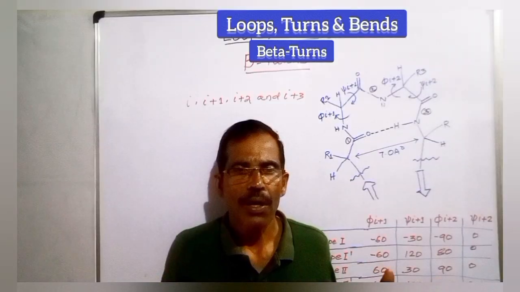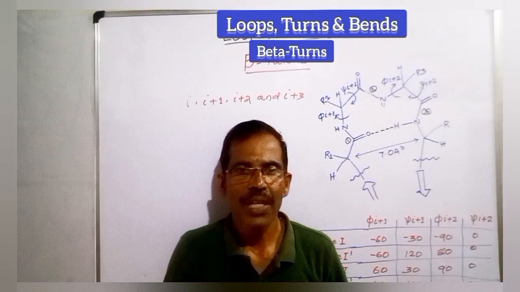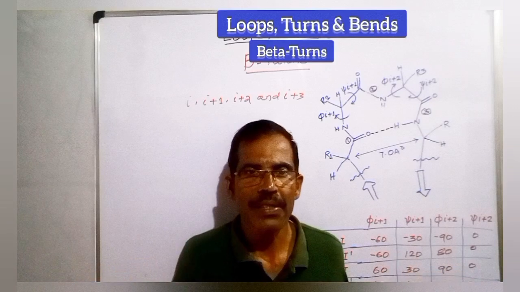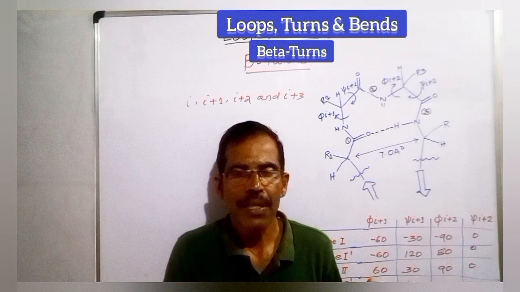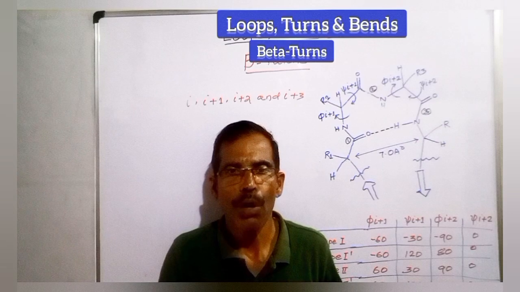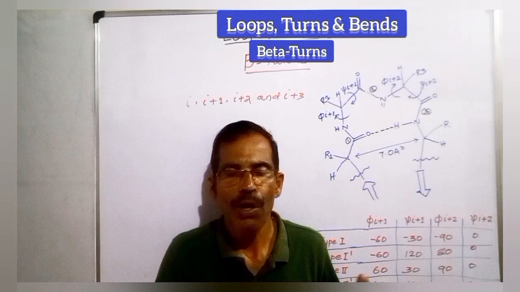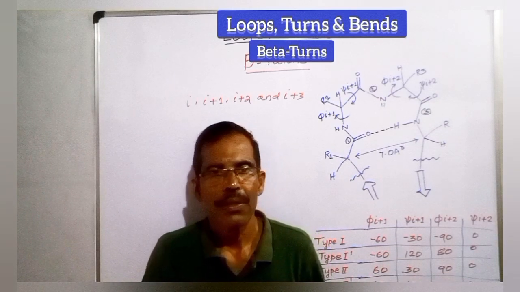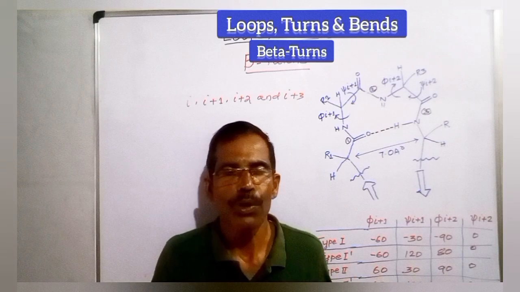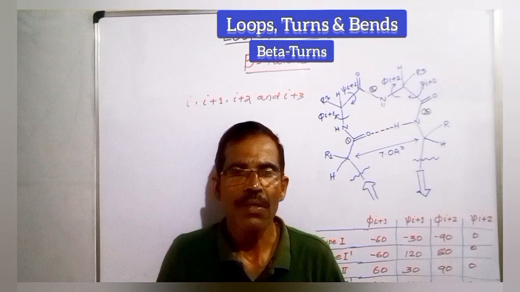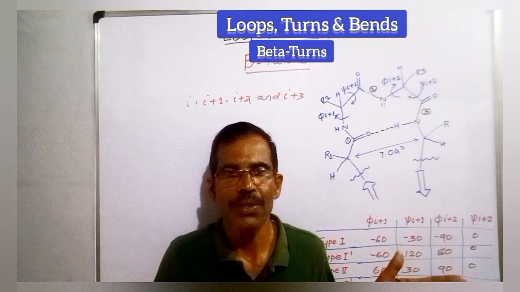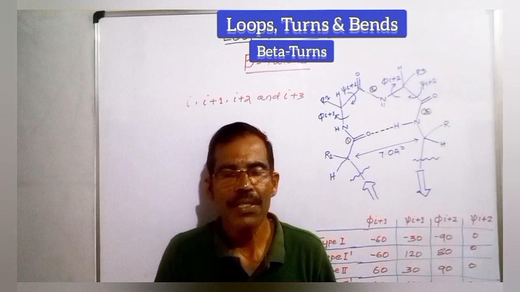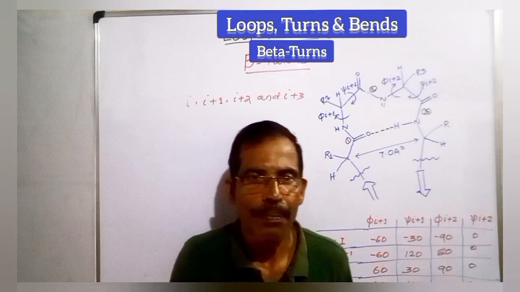At a beta turn, the polypeptide chain changes its overall direction by 180 degrees, and as a result the chain folds upon itself to form a compact structure that we see in globular proteins. Beta turns connect adjacent strands in an antiparallel beta pleated sheet. Hence it is named beta turn.